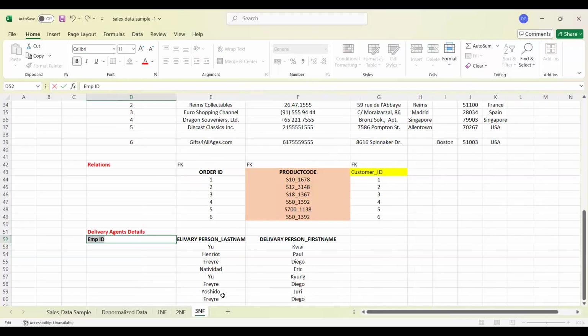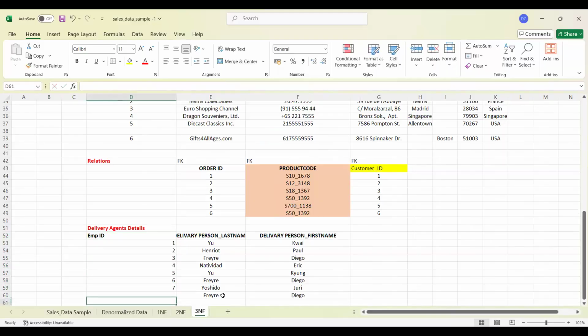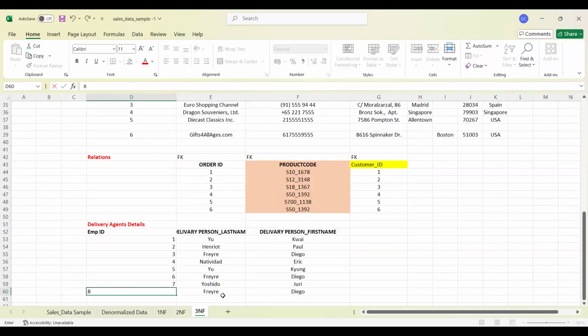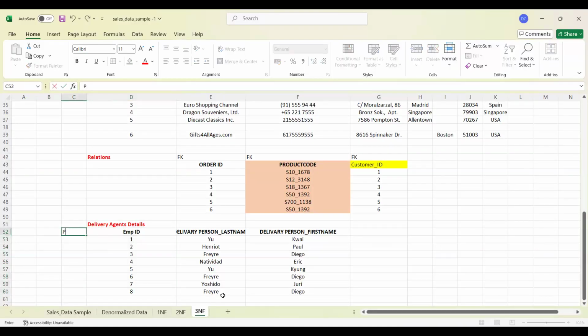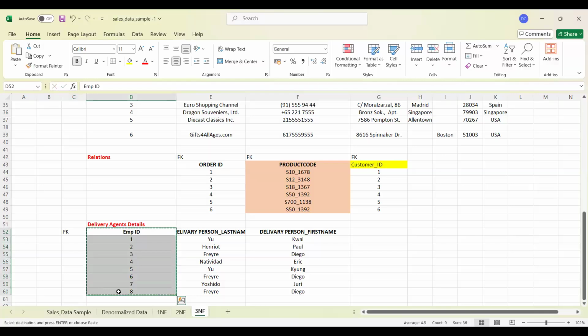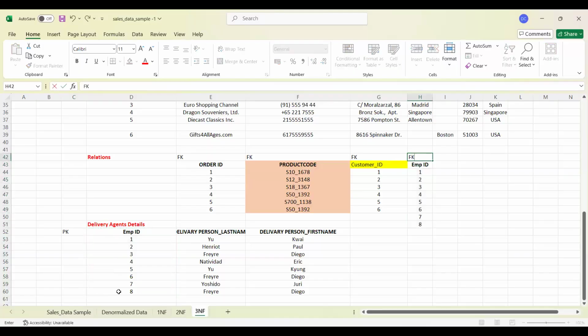I will give employee IDs randomly here, and we can consider this as the primary key, correct? And we will copy this same column and add it in the relations table too. We need to consider that as a foreign key. Like that it will be.